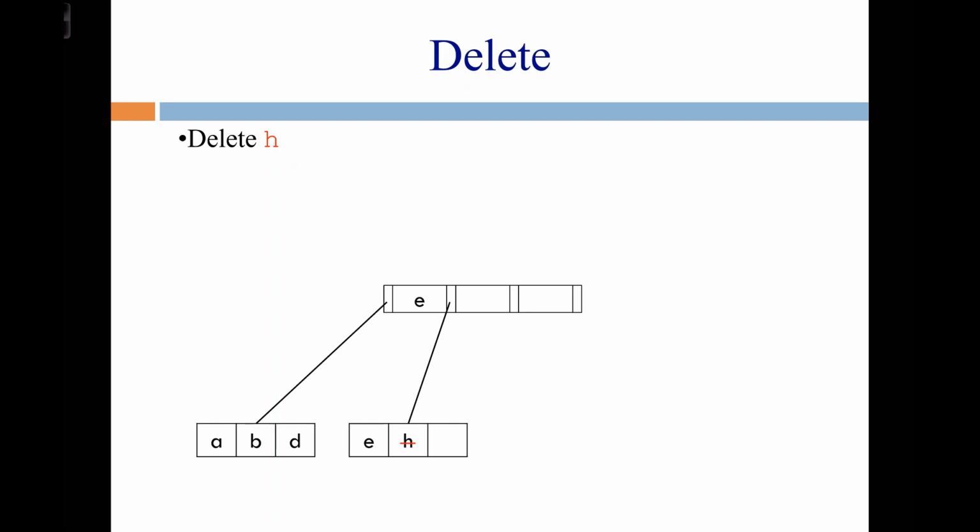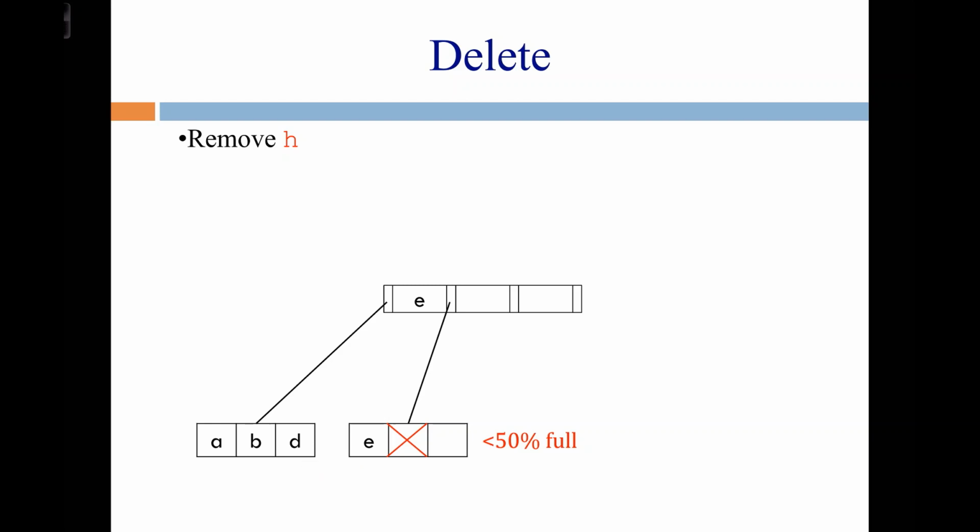But if we were about to delete H from this node, after removing it, the leaf node is now less than 50% full. So what do we do? We can't just delete the node because we still need to store that E in a leaf node somewhere. We can't move E over to another node because that other node is full.